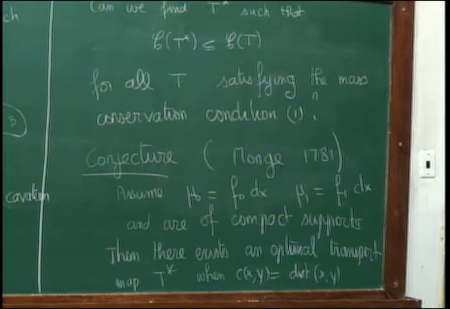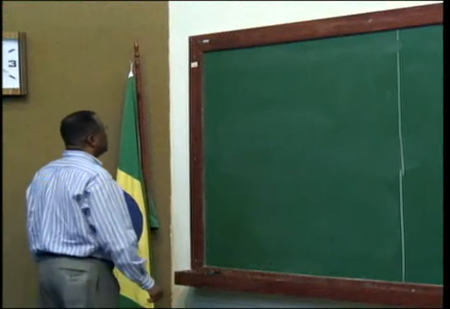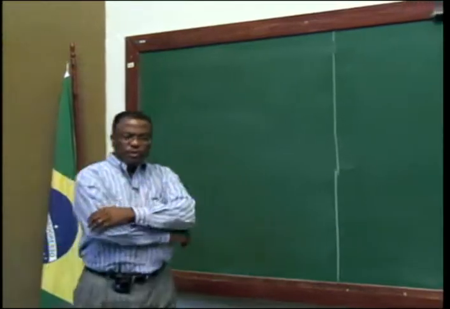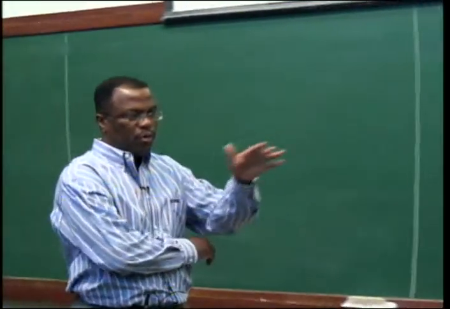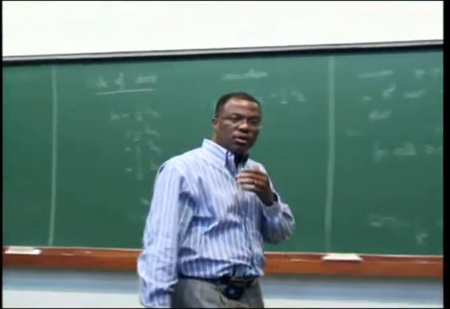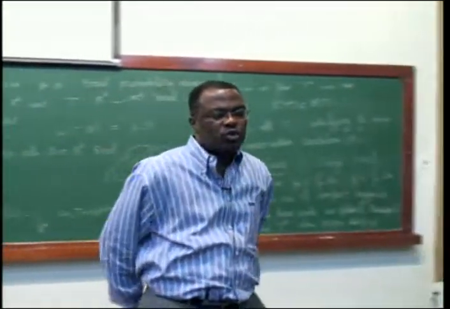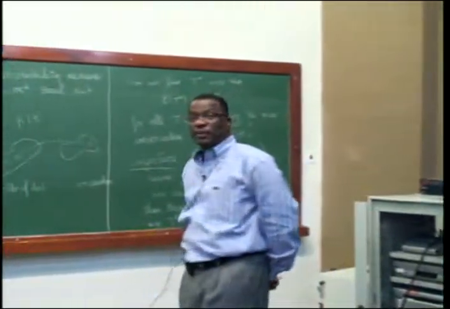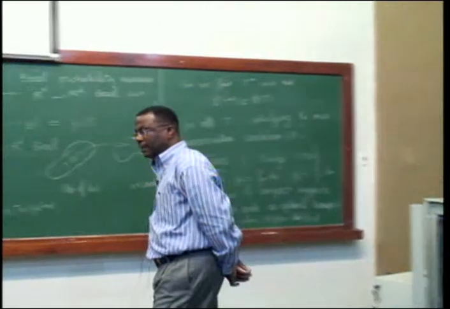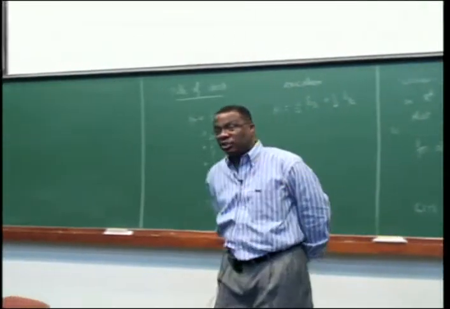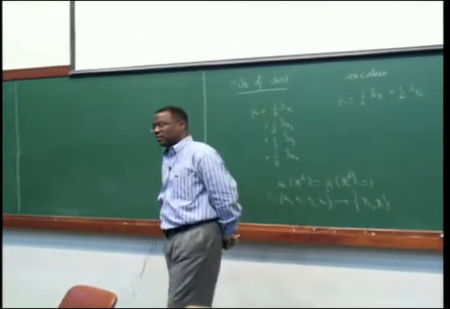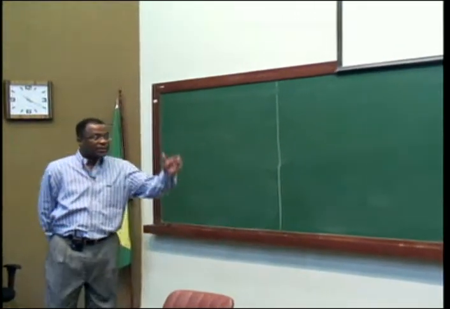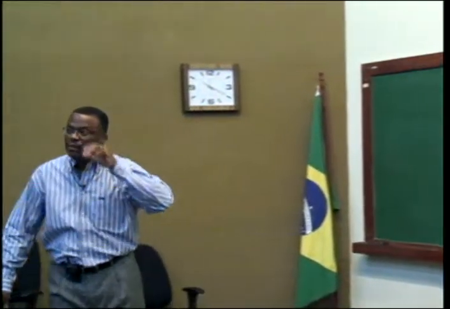So let me comment on that result. When Monge formulated his problem, and he made some formal computation, it was very soon realized that this was a very important problem from the geometric point of view. And the National Academy of Science in France created a prize called the Bordin Prize, which would be awarded to the person who would solve that problem.